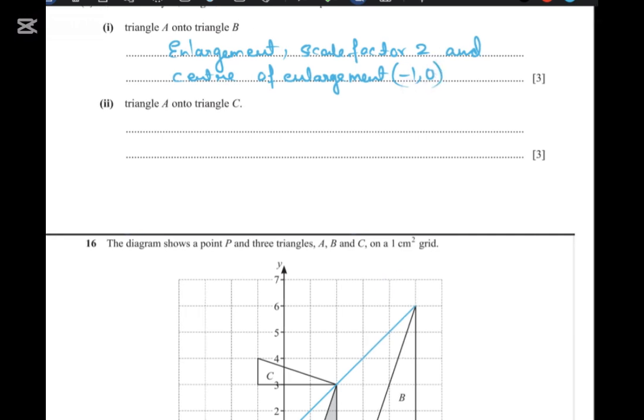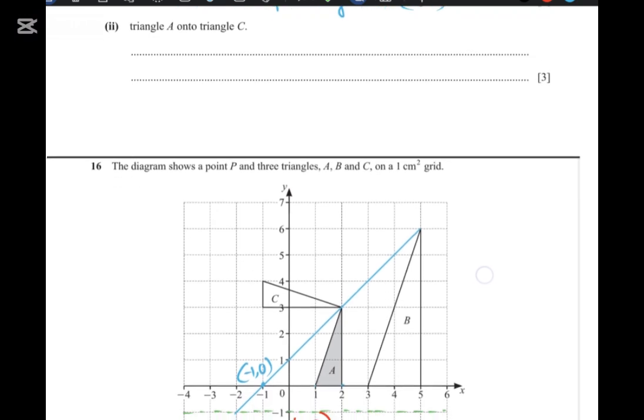Question 2, triangle A onto triangle C. See, this is triangle A and this is triangle C. When you rotate it, you can see that the alignment has changed. So what is the angle and what is the center? Center is obviously this point where it is turning. So center of rotation is 2, 3, and the angle is 90 degrees clockwise. So this is clockwise direction.